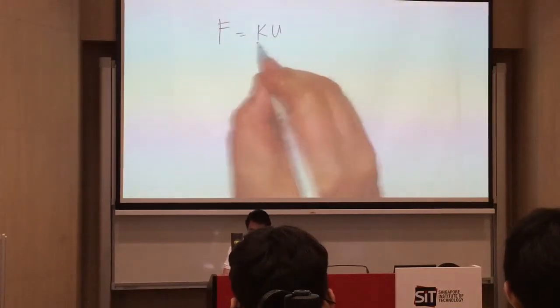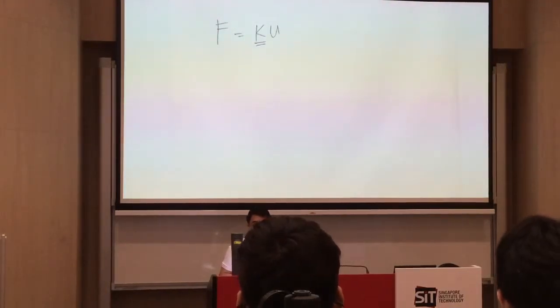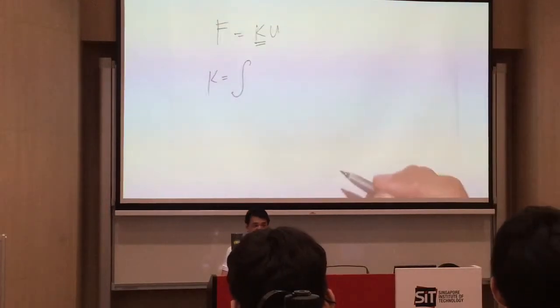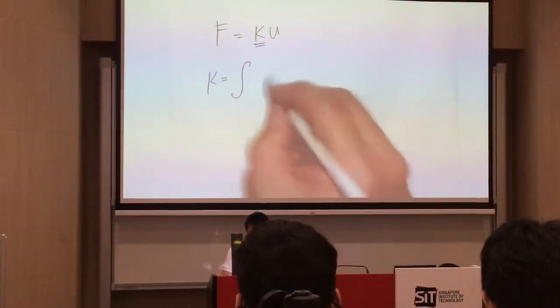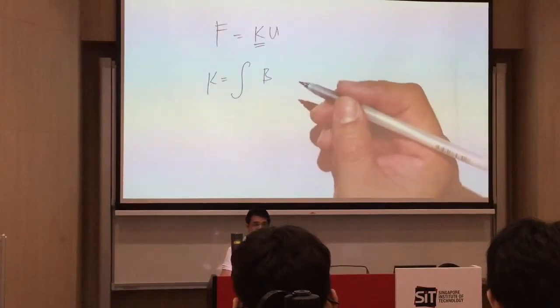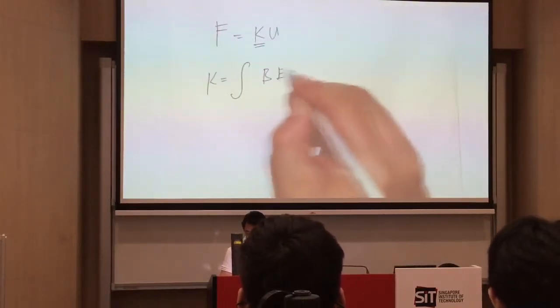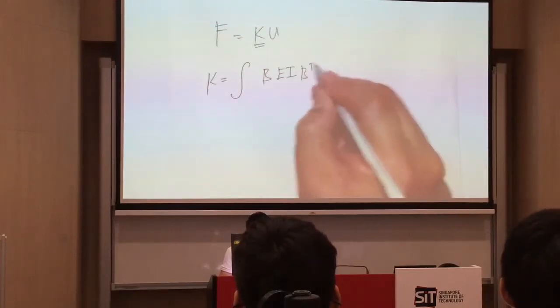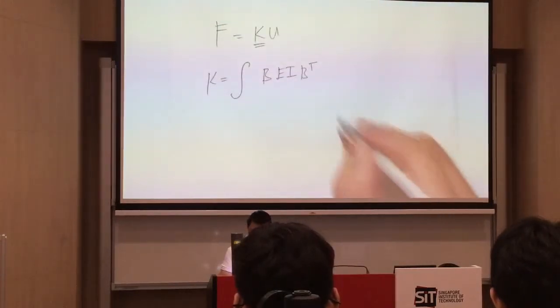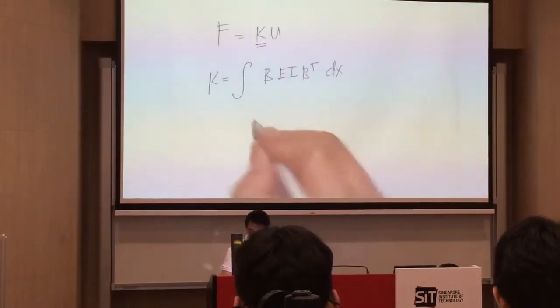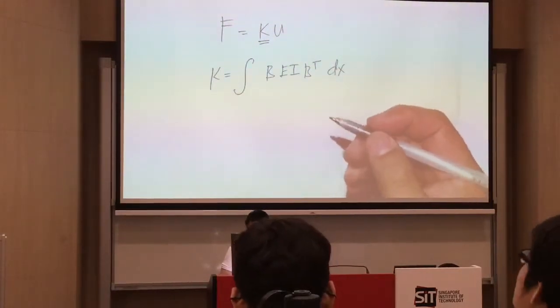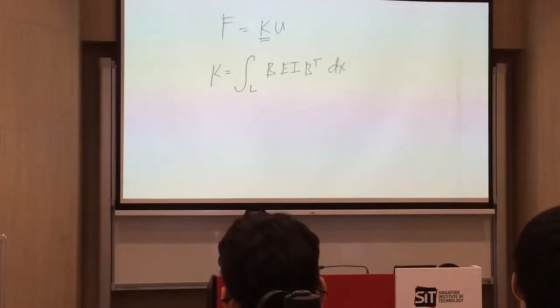So what is this stiffness matrix? This stiffness matrix is the integral. Take note of this one. That will be your B transpose, EI, B, dx. This will be that line integral.